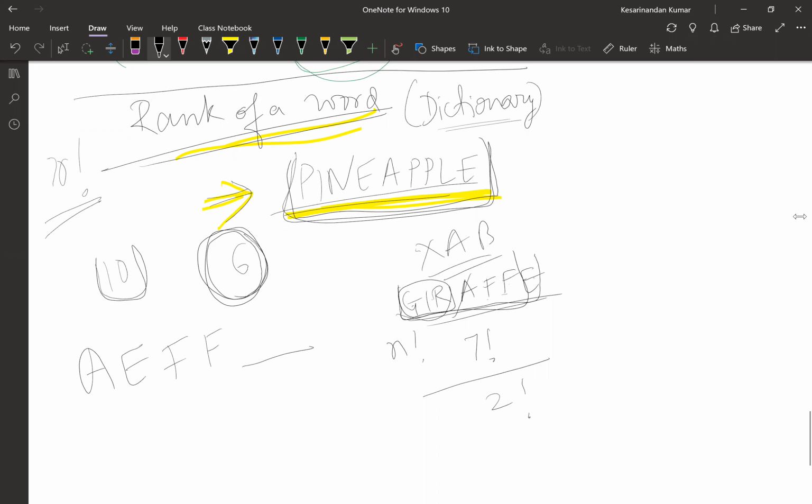So this will be the first word, and gradually I will come down to forming so many words. So this will be the first word, second, third and all. What will be the rank, and by rank, when will this word come?